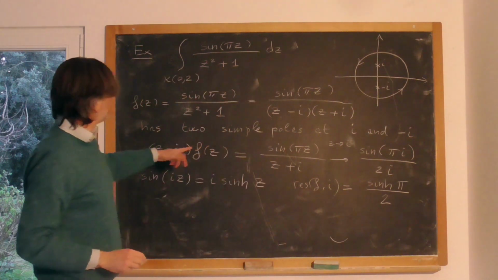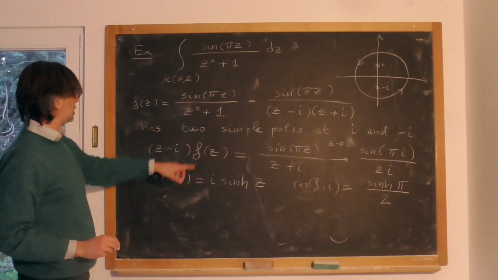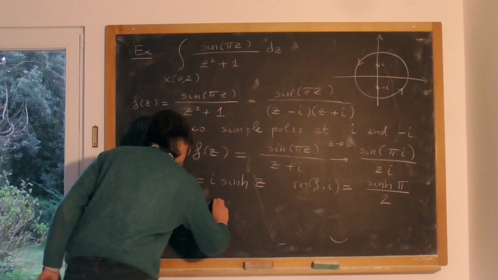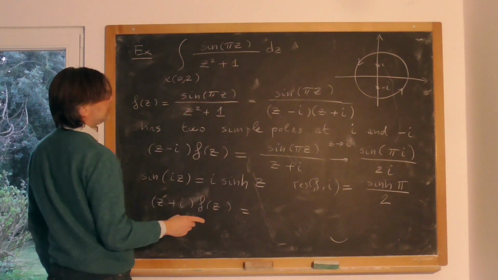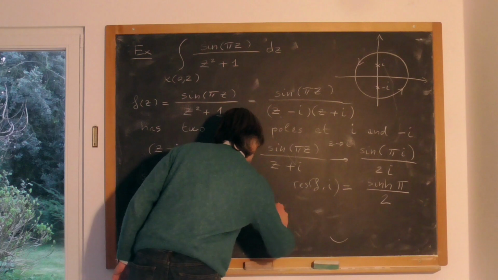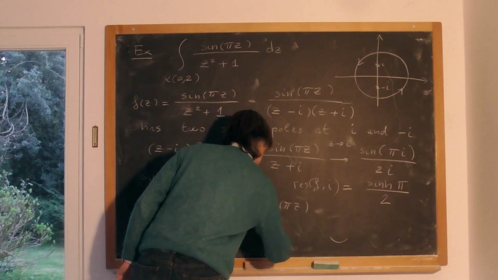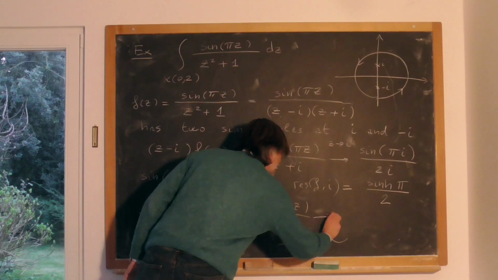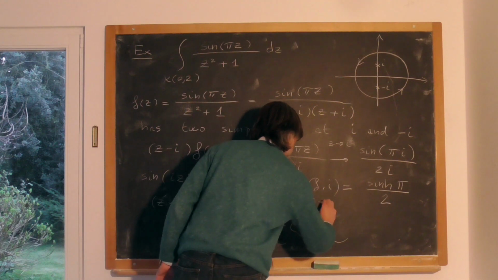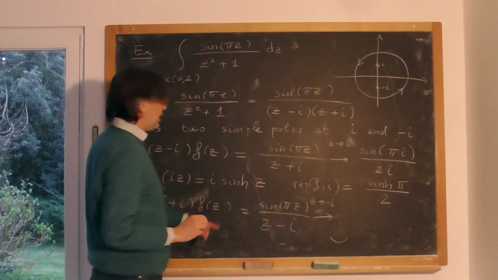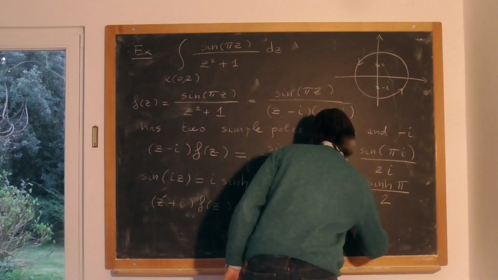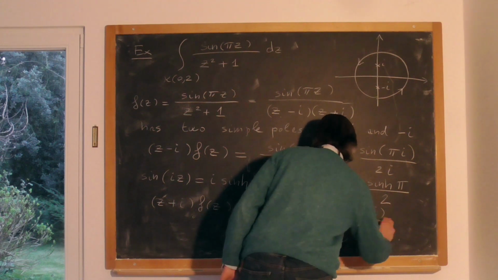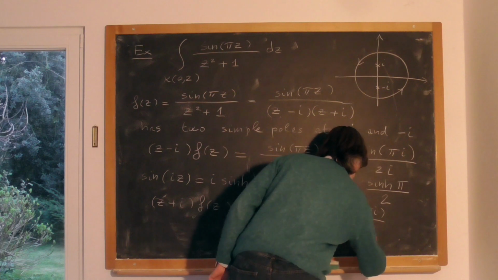Then you do a similar computation for minus i, meaning that we now multiply f(z) by z plus i. This time we obtain sine of pi z divided by z minus i. And now we let z converge to minus i, and we obtain sine of minus pi i divided by minus 2i.